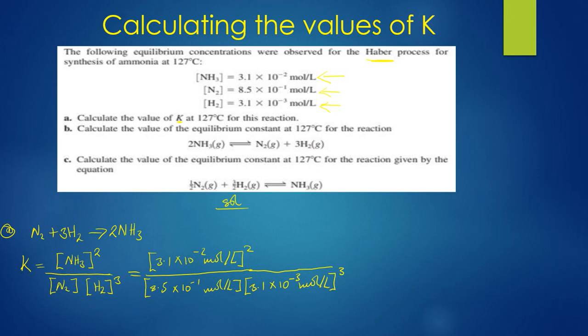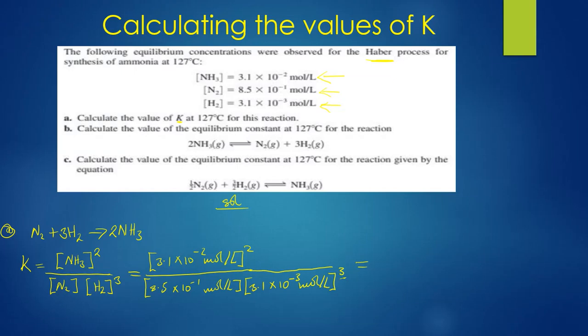And then when you work out all this on your calculator, you square the 3.1 times 10 to the power negative 2 mole per liter. After squaring it, you need to work out the calculation of the denominator. So 8.5 times 10 to the power negative 1, before you multiply this, you need to cube the 3.1 times 10 to the power negative 3, since it's raised to power 3.